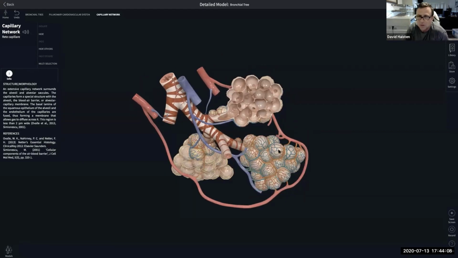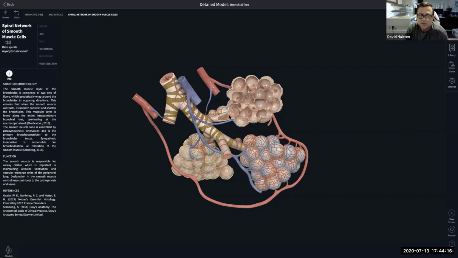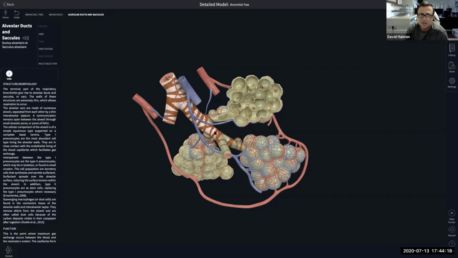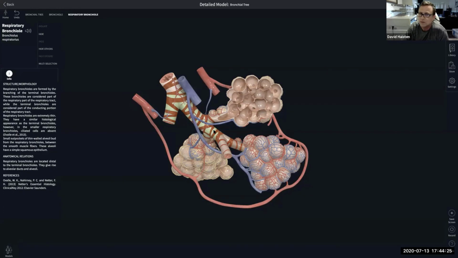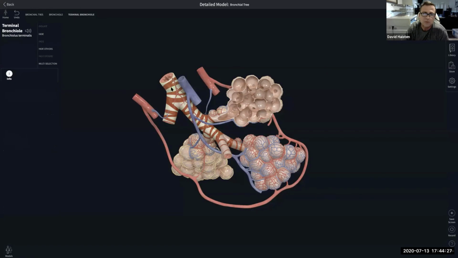So it's not a whole lot going on here. It's not bad. We just have smooth muscle, okay? This is an alveolar duct, which is coming off of, so those are all alveolar ducts, then this must be respiratory bronchiole, and it is. And then this would be a terminal bronchiole.